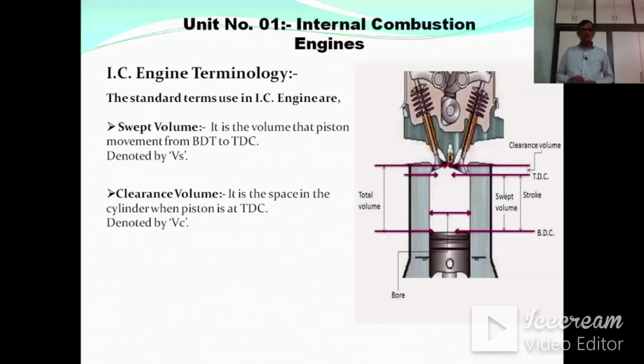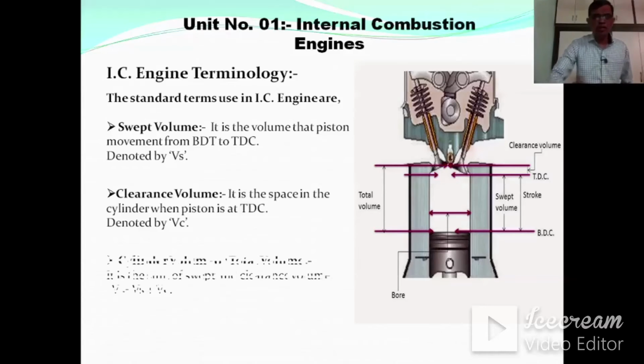What is the clearance volume? It is the space in the cylinder when the piston is at top dead center. When the piston moves up to the top dead center, the remaining volume or space above the top dead center is called the clearance volume. It is denoted by Vc.